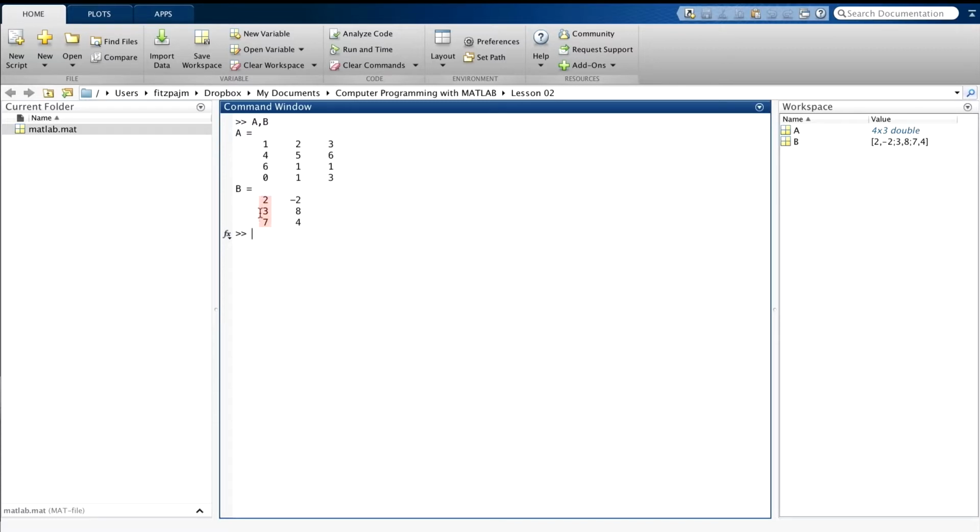Column 1 gives the gains for the stocks on one day, and column 2 gives the gains on a second day. So looking at column 1, we see that on the first day, the first stock gained $2, the second stock gained $3, and the third one gained $7. Looking at column 2, we see that on the second day, the first stock lost $2, and the other two gained $8 and $4 respectively.